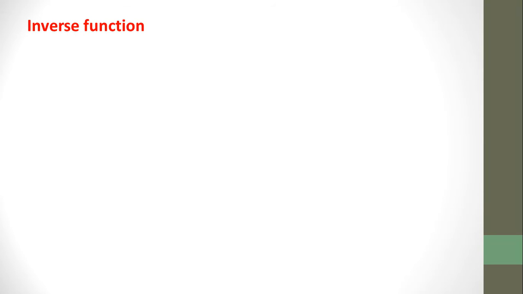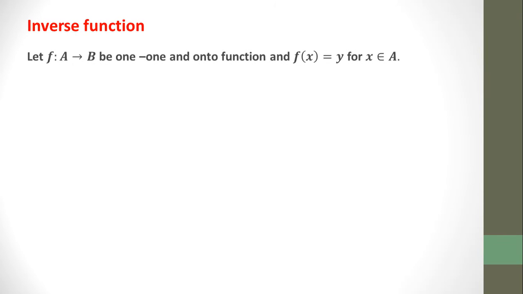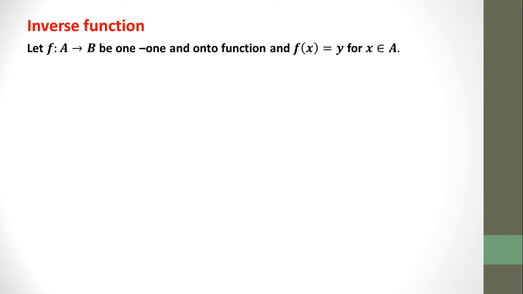Okay, so let us see the definition of inverse function. The definition says that suppose f from A to B is one-one and onto, meaning it is injective as well as surjective. Suppose the function is given as f of x is equal to y.